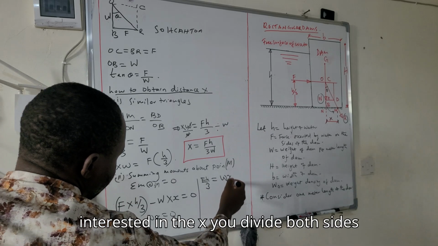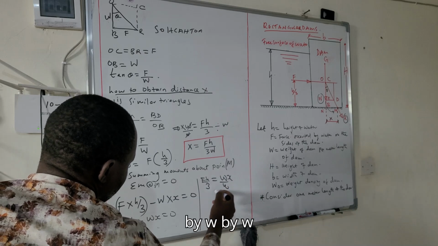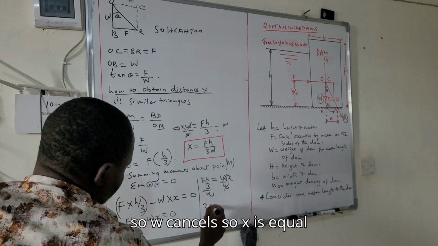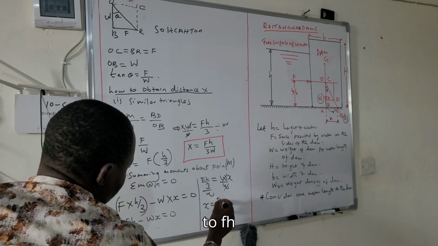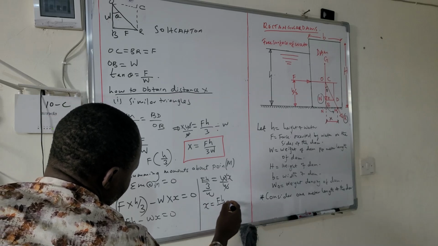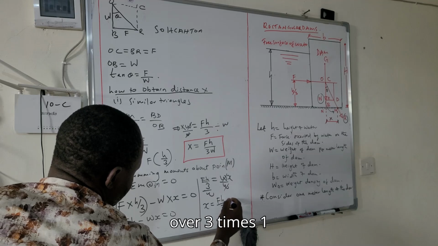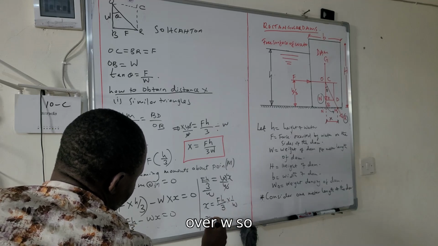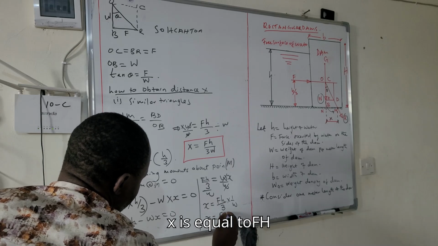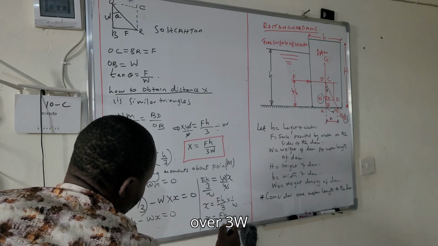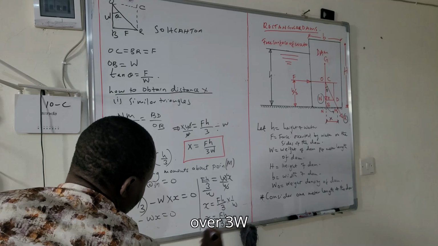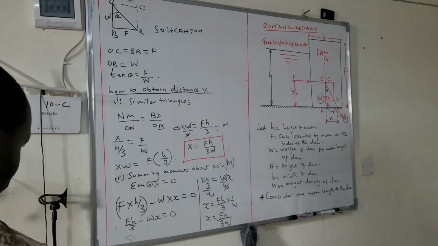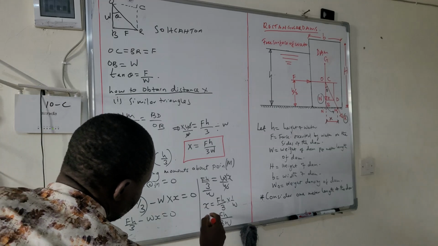Then you are interested in the X, so you divide both sides by W. So W cancels. So X is equal to FH over 3 times 1 over W. So X is equal to FH over 3W. So that is another way of finding distance X.